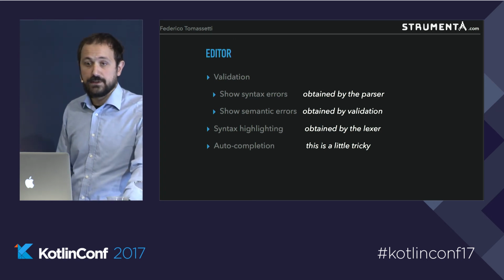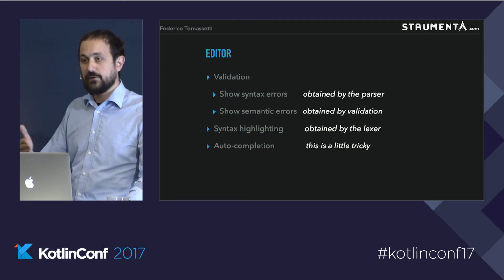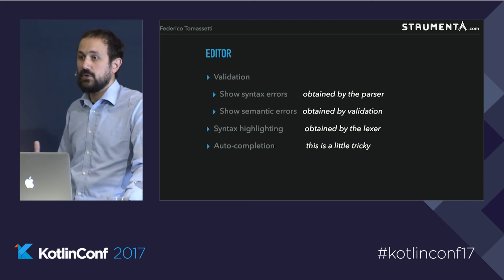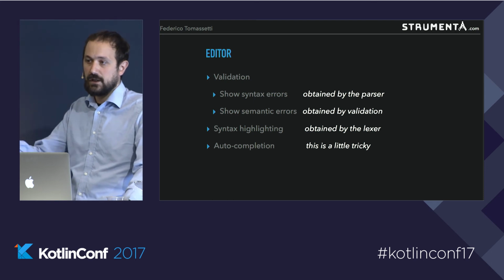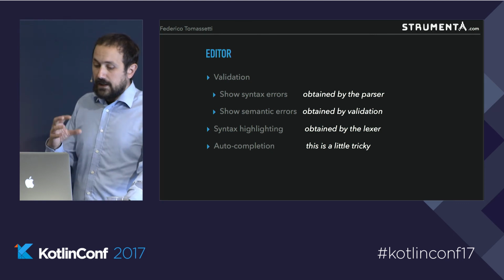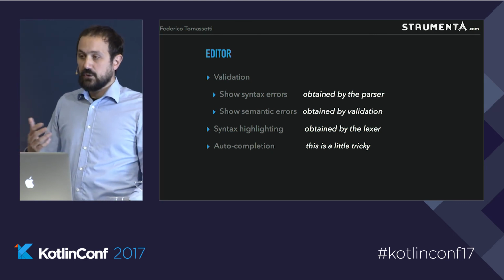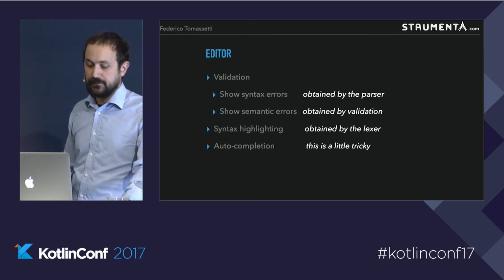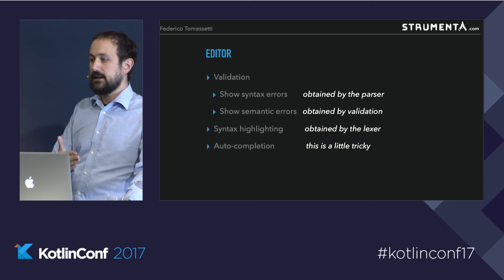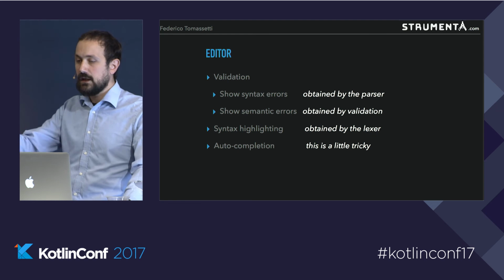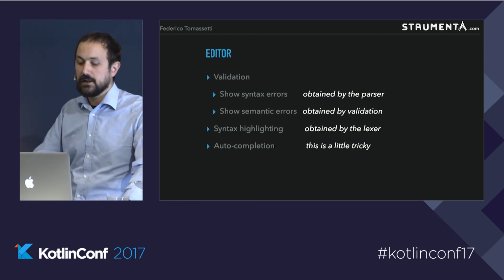Syntax highlighting is also something that we can get for free, simply by considering the output of the lexer. The lexer has identified the different kinds of tokens. Basically, what we do is associate different colors to different kinds of tokens, and we can have syntax highlighting for free. The part that typically requires the most work is the autocompletion, because on one hand, we need to somehow reuse the grammar to understand that in a certain position, we can expect a certain keyword or an operator or an identifier.